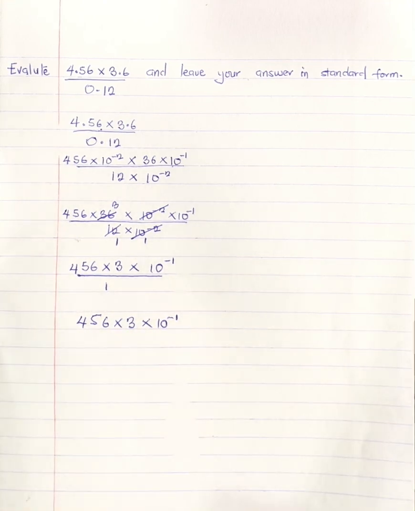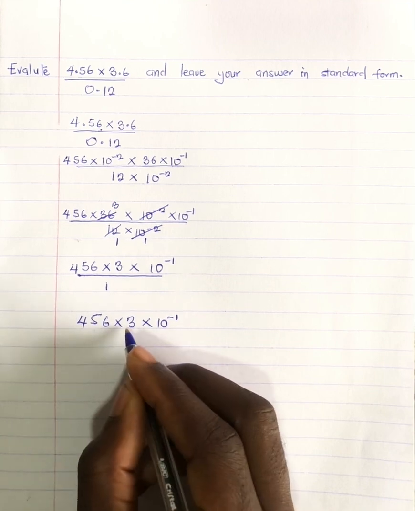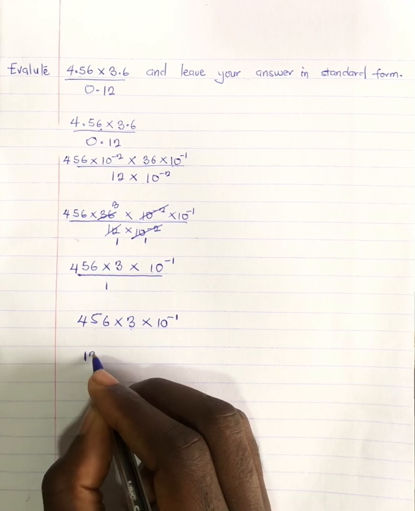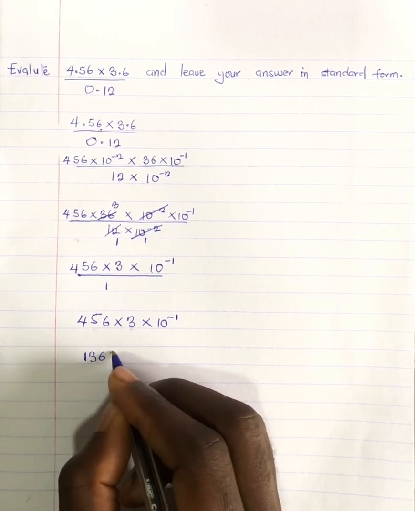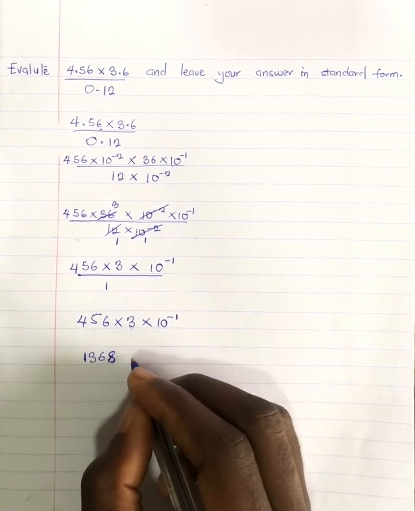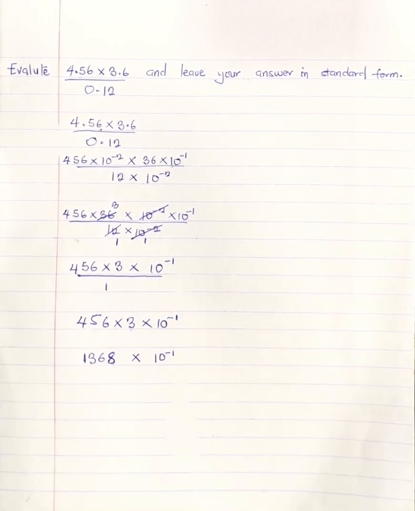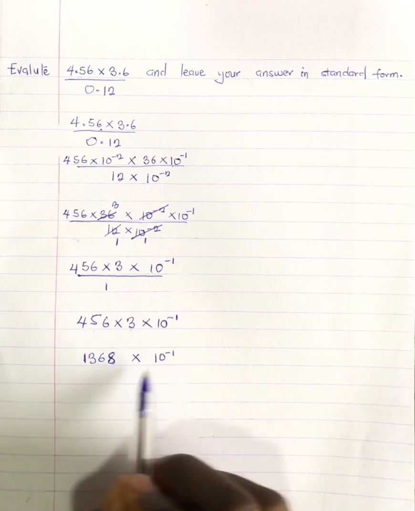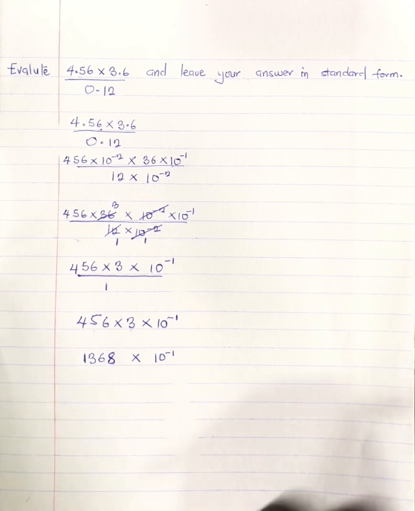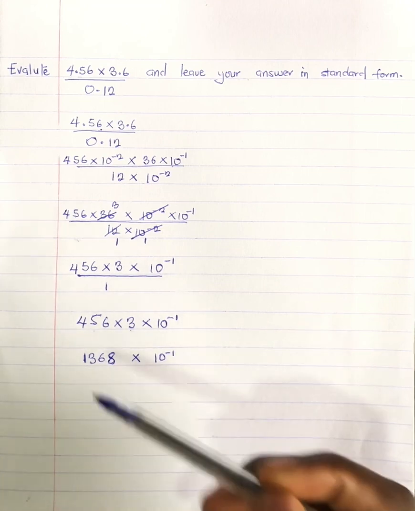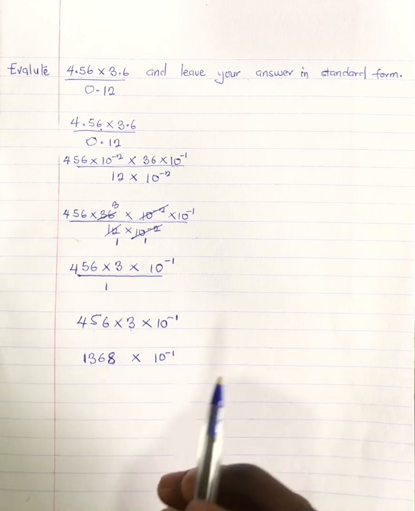Now when 456 multiplies 3, we have 1368 multiplied by this. This is not in standard form, because with standard form, the decimal must come in between the first and second non-zero digit.